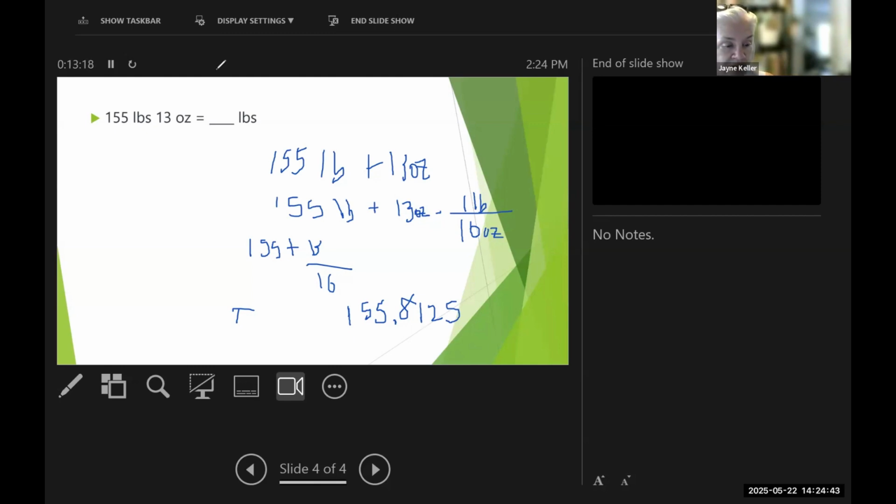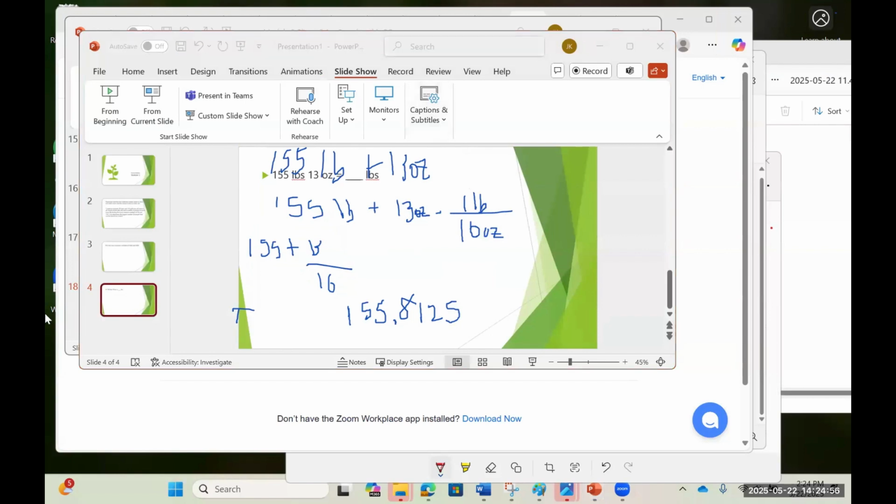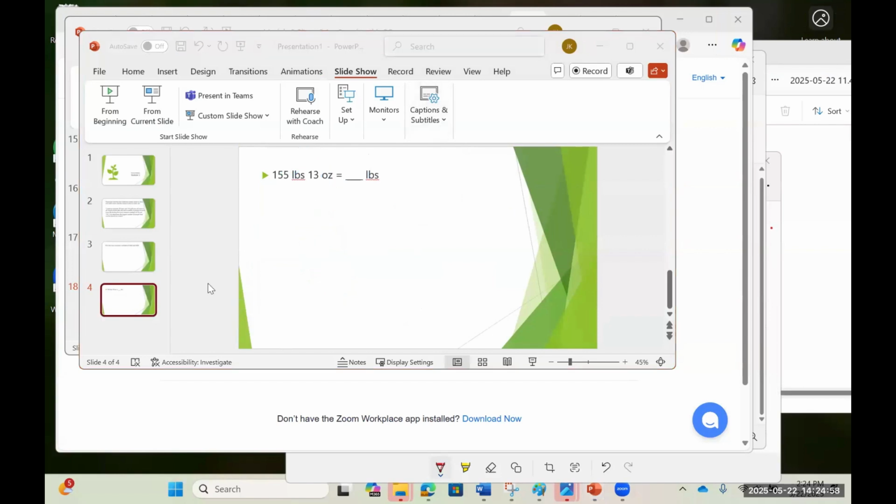Unless you know which problem it is, we can look at it. I can't remember if it said round, but I think I kept rounding it to the hundreds, and so then I would get 155.8.